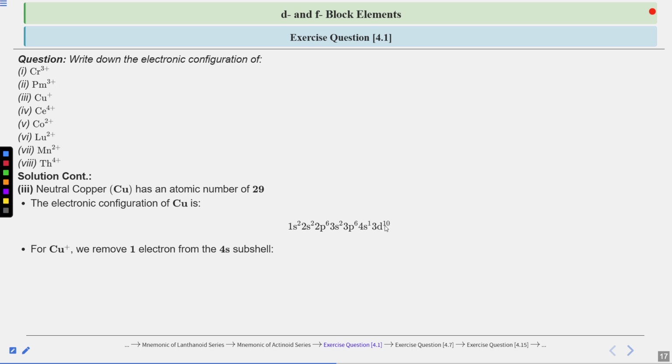So the configuration of copper positive will become 1s2, 2s2, 2p6, 3s2, 3p6, 3d10. Or you can also write it as argon 18, 3d10. Argon is a noble gas, so argon configuration up to 18 electrons and then 3d10.